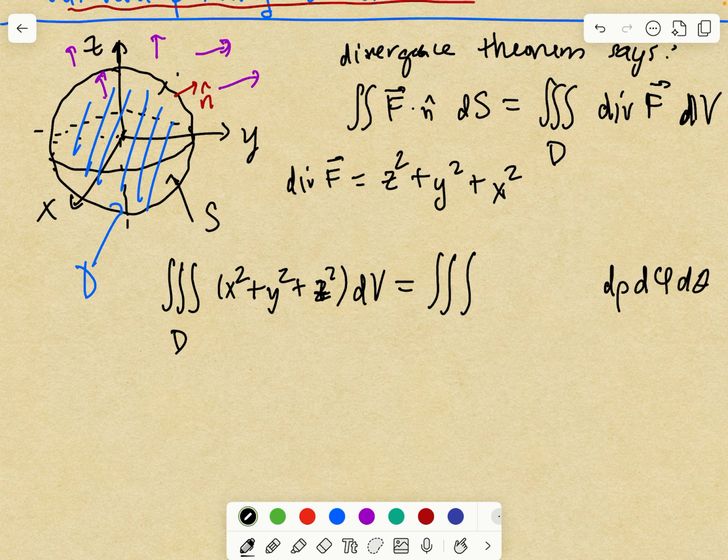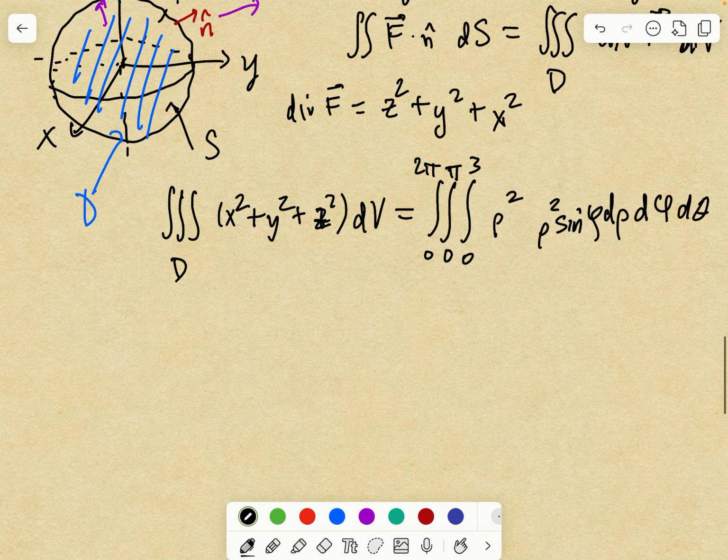Rho goes from 0 to 3, phi goes from 0 to pi, and theta goes from 0 to 2 pi. Do you remember the factor you need in front of d rho d phi d theta? It's rho² sine phi. And then x² plus y² plus z² is rho².